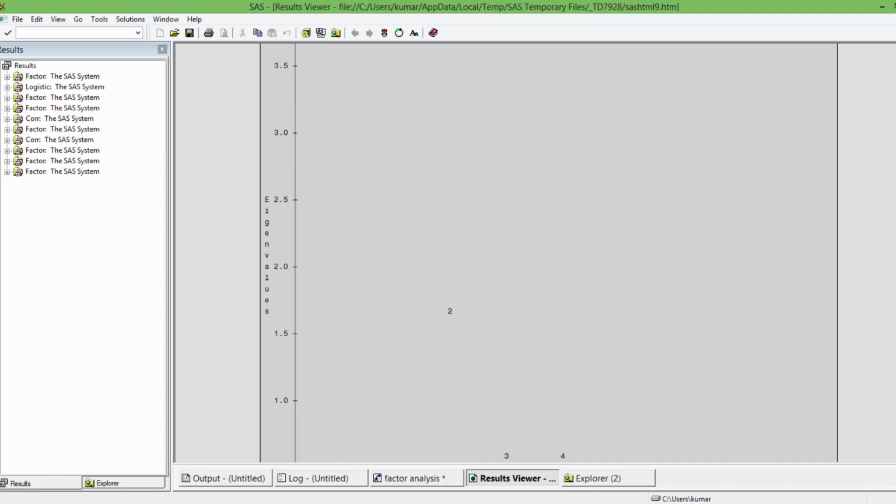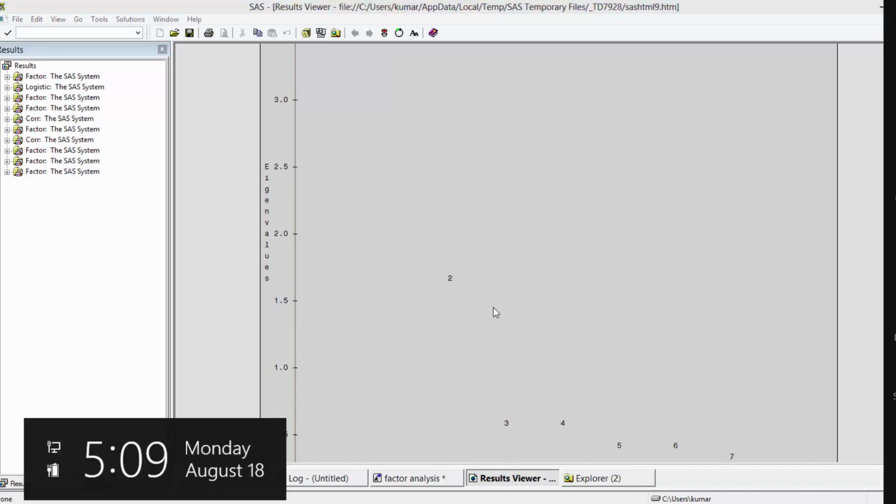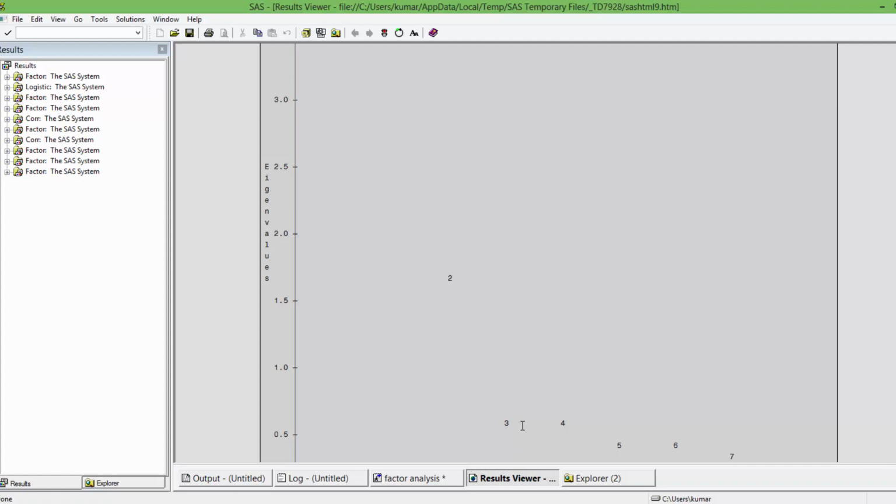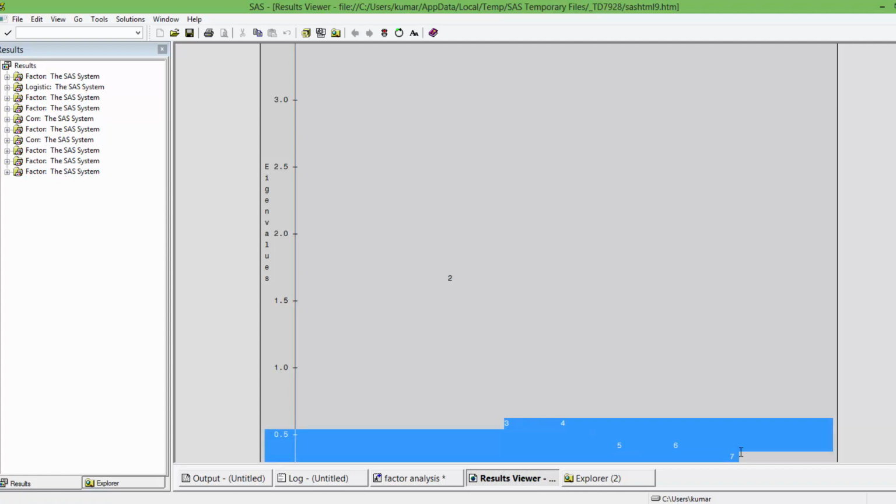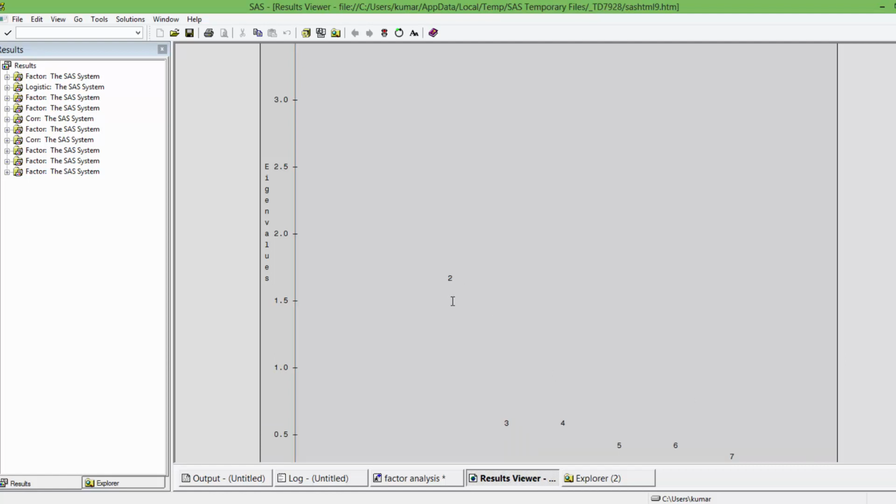Wherever we see the elbow, after the second eigenvalue, you can see that all the other eigenvalues are lying more or less on the same line, right? The elbow-like structure is there at the second eigenvalue, and that is the way you select the number of factors to be retained.